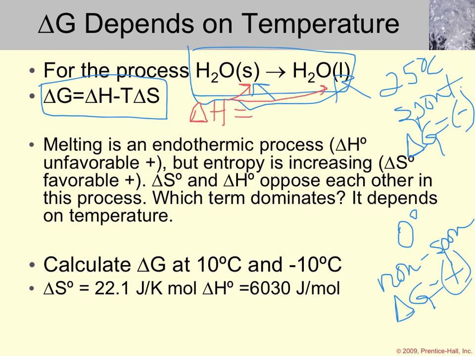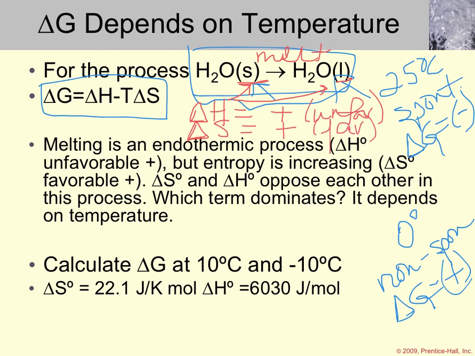I'm hoping that you realize that it is an endothermic process. Anytime you melt anything, you have to apply heat, which means it's endothermic. So the enthalpy is unfavorable for this process, and entropy when you go from a solid to a liquid is favorable, and when entropy is favorable, it has a positive sign.